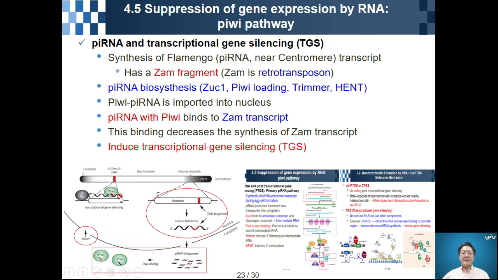But in these cases, piRNA with PIWI binds to the gypsy transcript. These bindings decrease the synthesis of the gypsy transcript, so this induced transcriptional gene silencing.